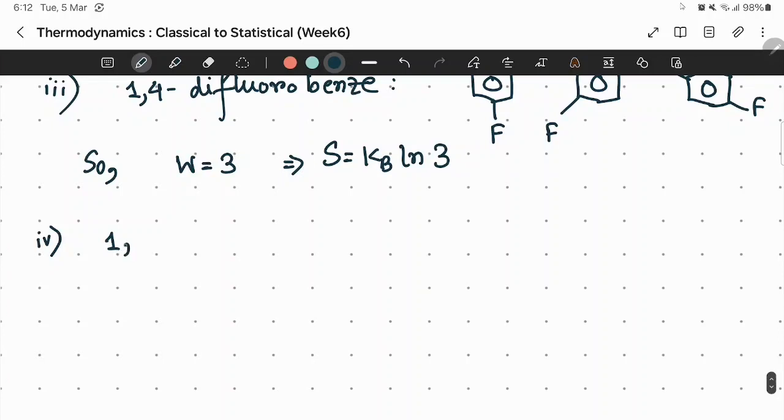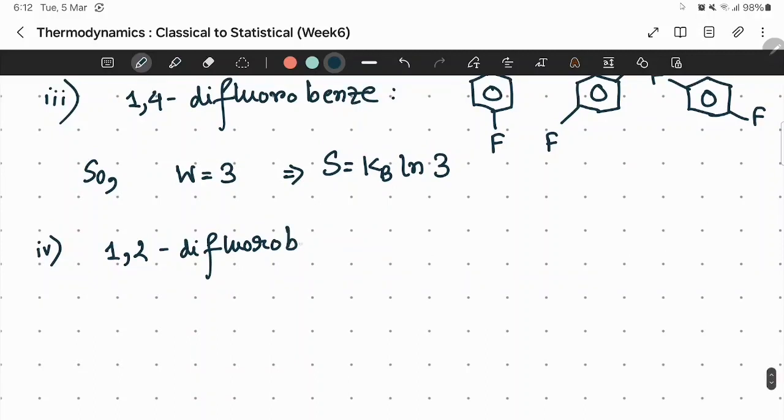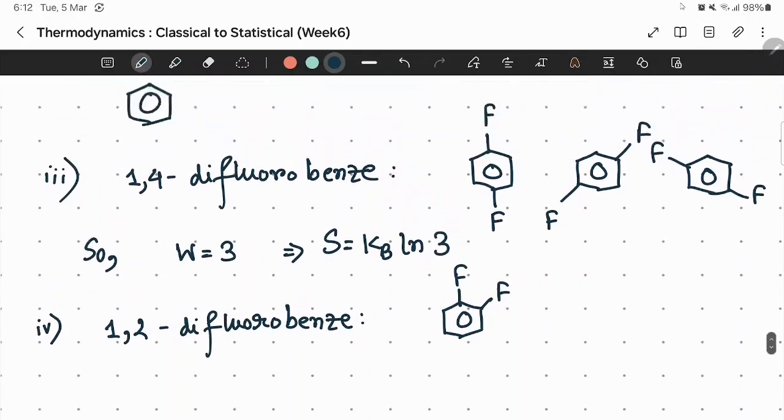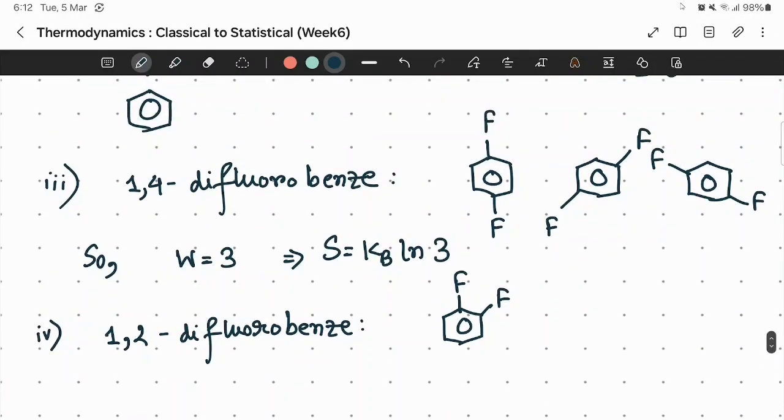Next one is 1,2 difluorobenzene. Again, we have to give a rotation, and this rotation is not by 90 degrees.